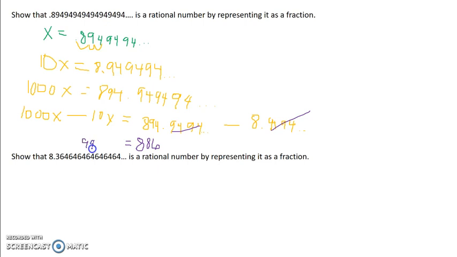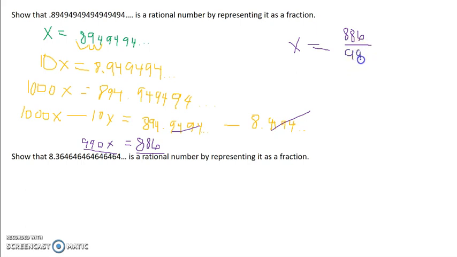So 990x. So I'm going to divide both sides by 990. And when I do that, I'm going to get x by itself is equal to 886 divided by 990. That's just simple solving an equation.